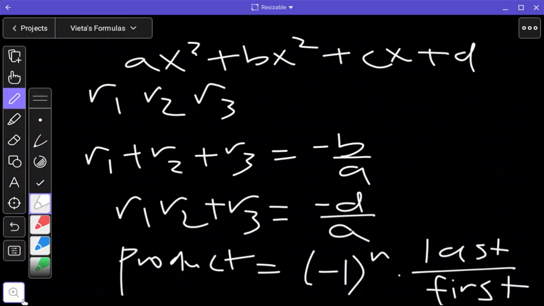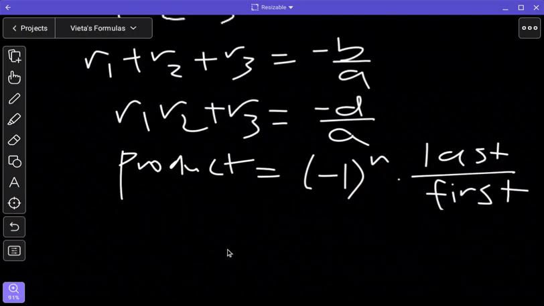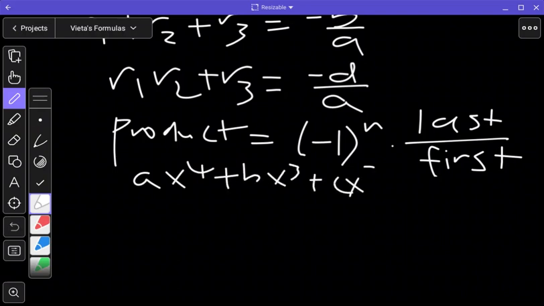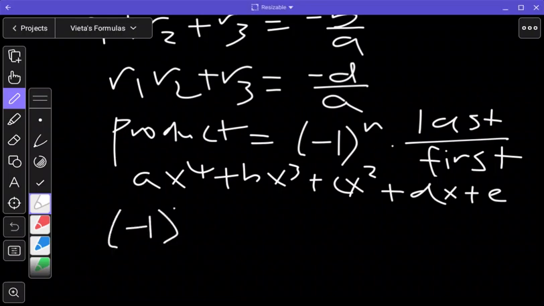So for example, if I have a fourth degree polynomial, ax to the fourth plus bx cubed plus cx squared plus dx plus e, first of all, it's a fourth degree polynomial, so the product would be negative 1 to the fourth power times your last, which is e, over your first, which is a right here.